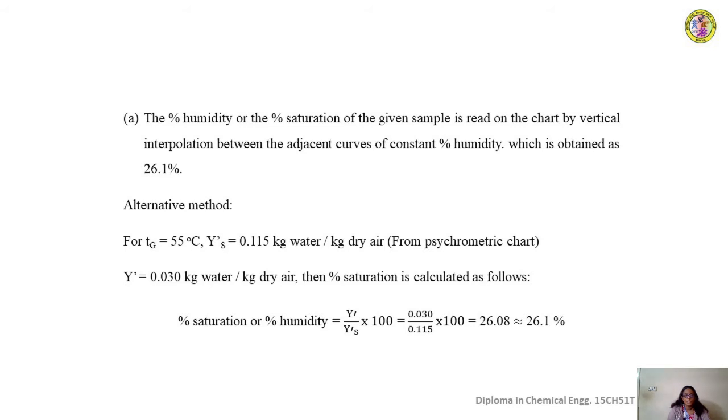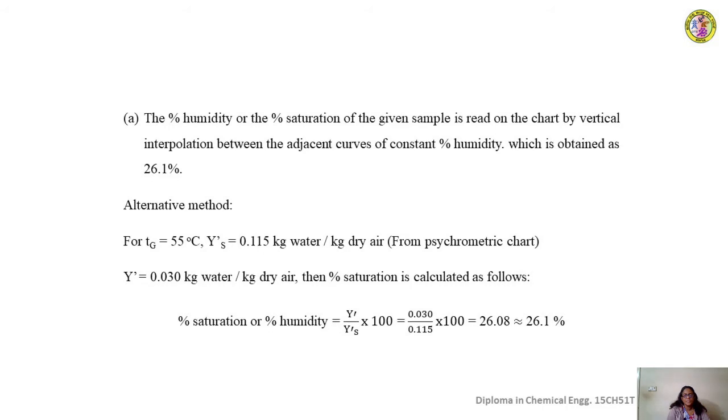So you have to just draw a curve from the point where the dry bulb temperature and the humidity line meet. That curve will help you, by the vertical interpolation method, to read the percentage saturation of the given air.